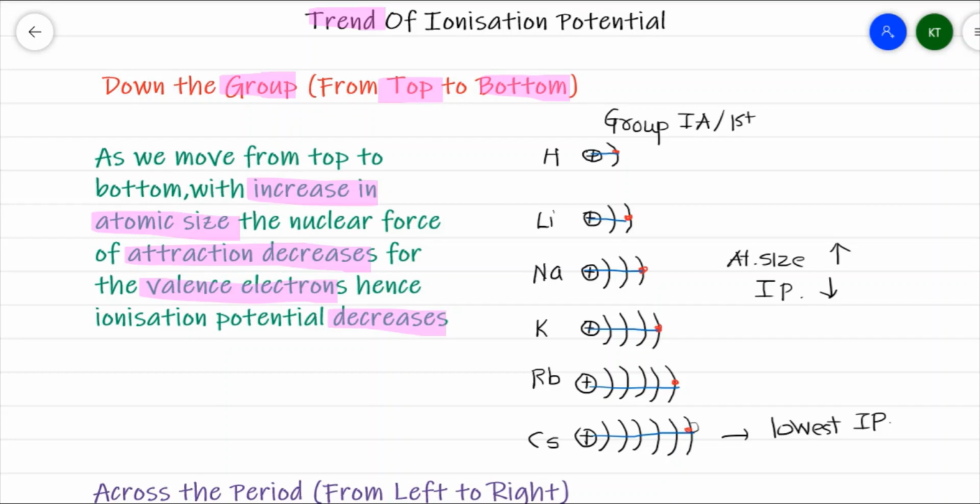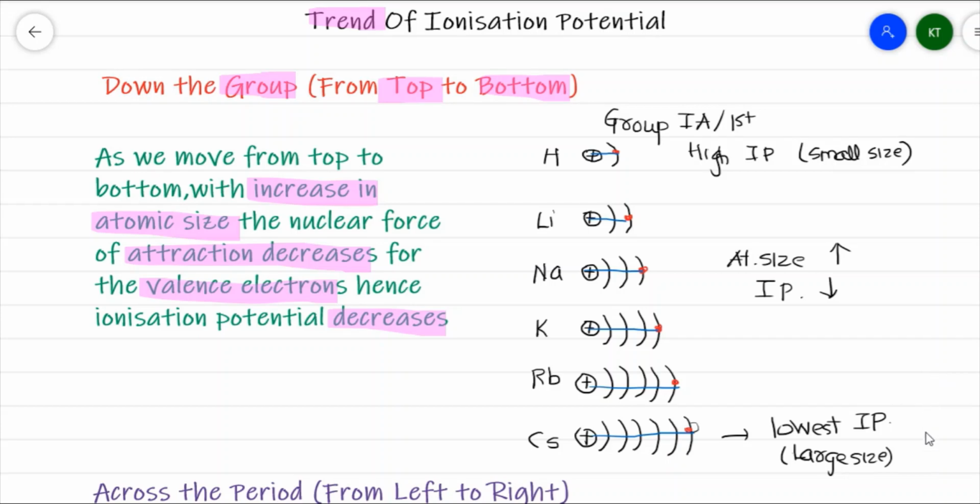The electron in hydrogen will be very tightly held, and the electron present in the valence shell of cesium will be loosely held. That means it will not be that tightly held. So you'll be spending less energy to remove the electron from cesium than from hydrogen.